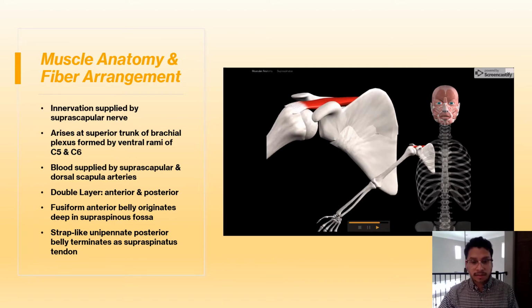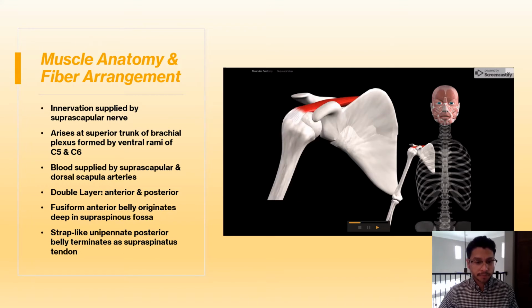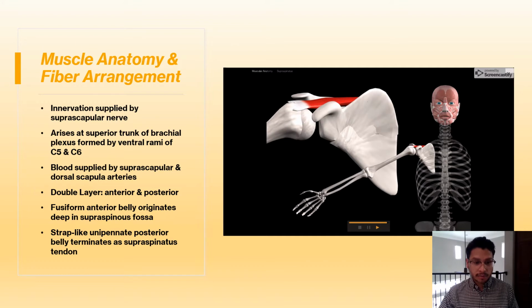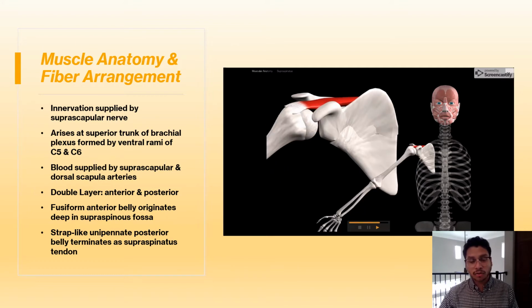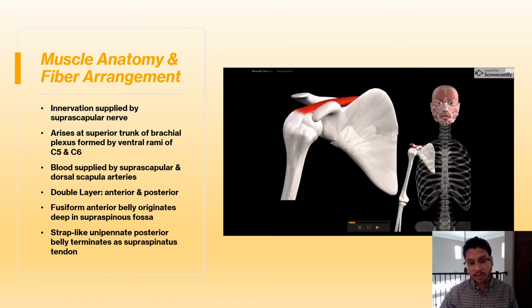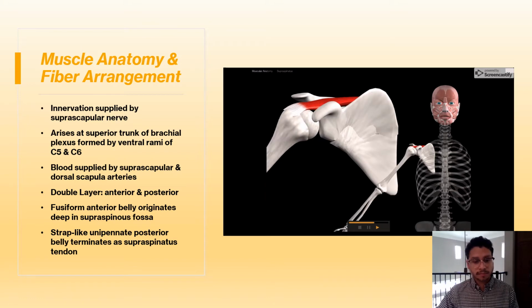In this instance, it is the superior facet of the greater tubercle. And the posterior belly is more strap-like, with its unipennate arrangement meaning it has a strong contractility. This portion of the muscle terminates as about 60% of the supraspinatus tendon in the upper portion of the humerus bone.